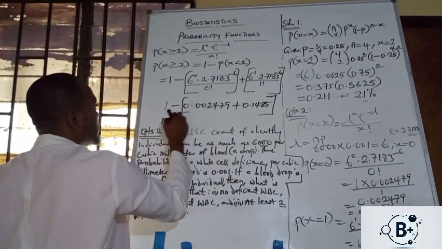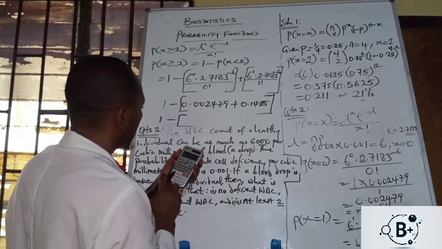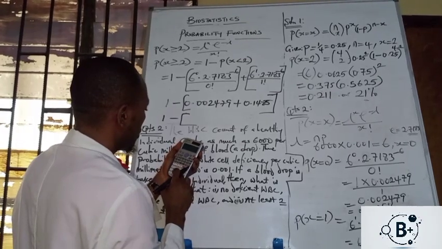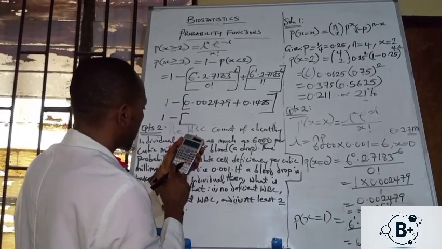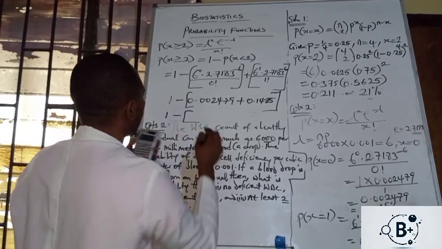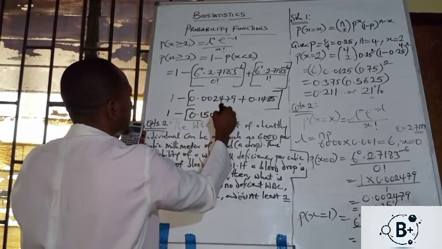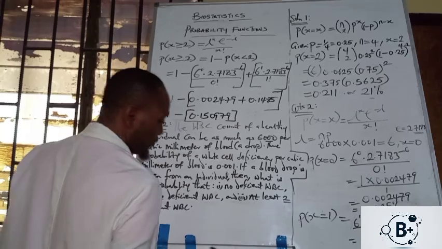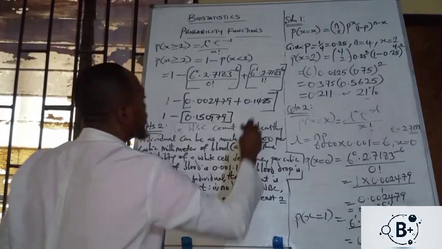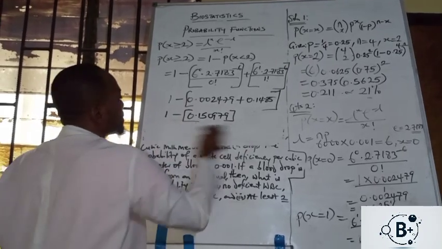So we say 1 minus, and we add these values together now. 0.002479, we're almost done, plus 0.1485. This gives us 0.150979. So now this value is subtracted from 1.